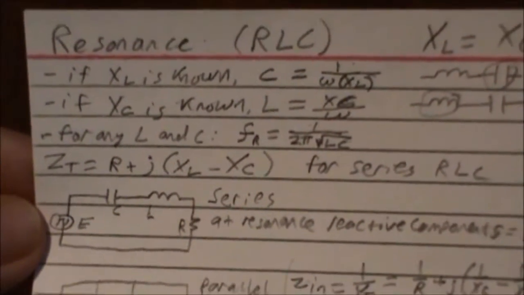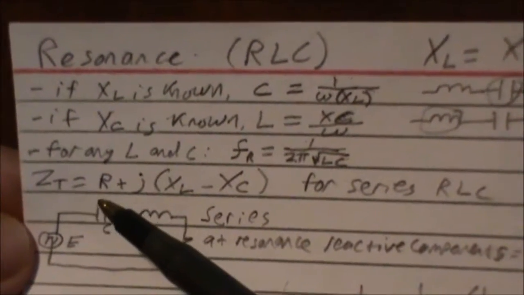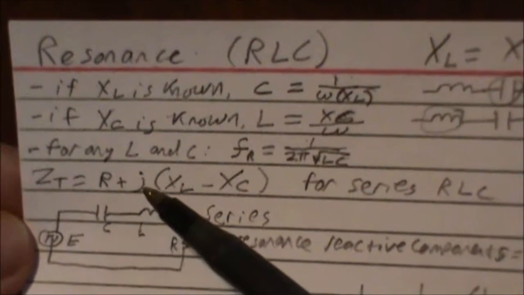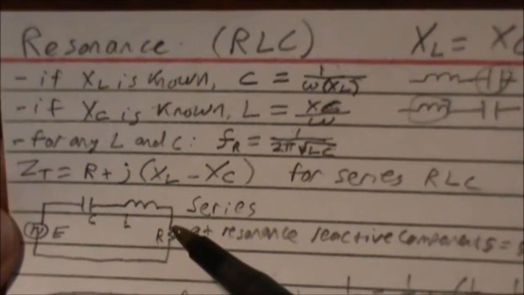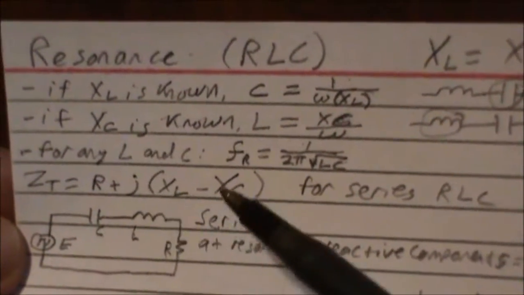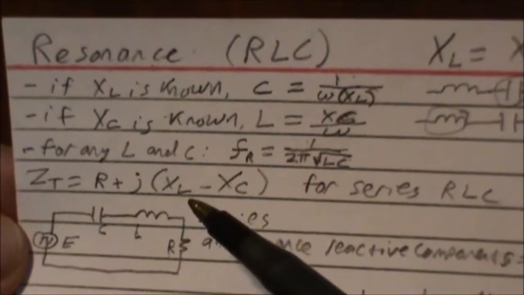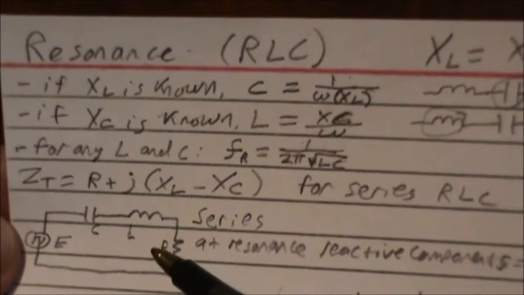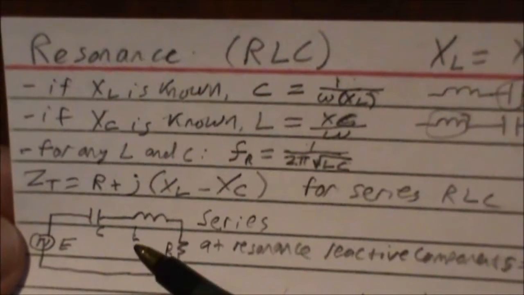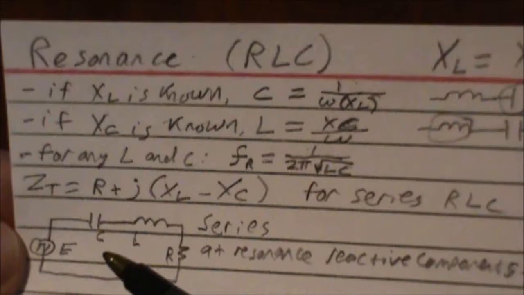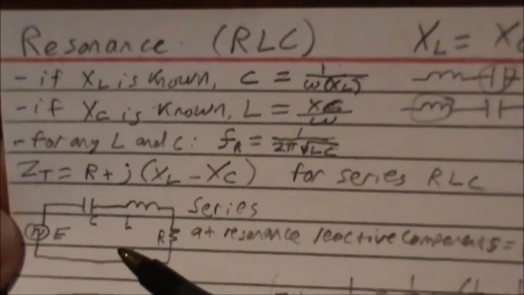And Z, for impedance, equals the total resistance of your series circuit: R, your resistor value, plus J, remember J from complex algebra, times X sub L, the reactance of the coil, minus X sub C, the reactance of the capacitor.